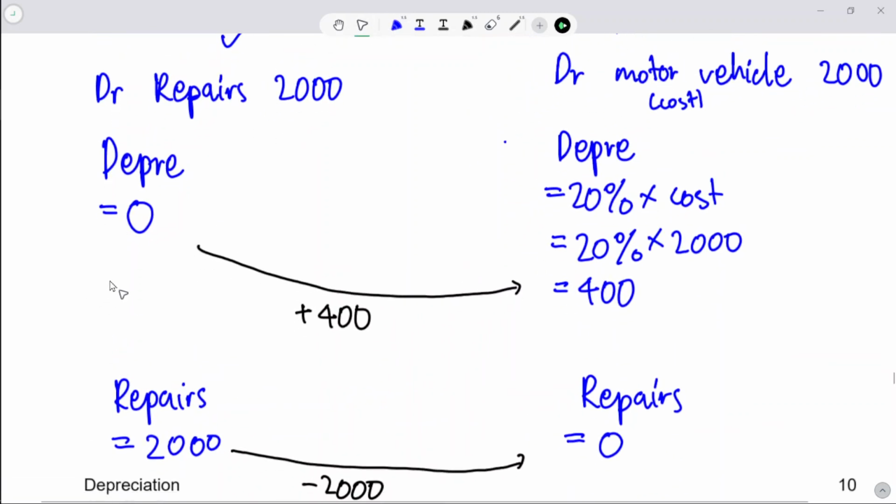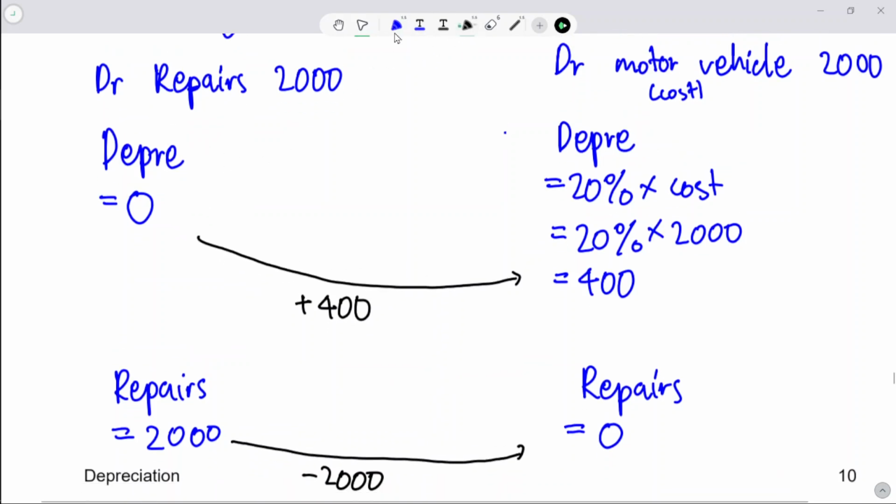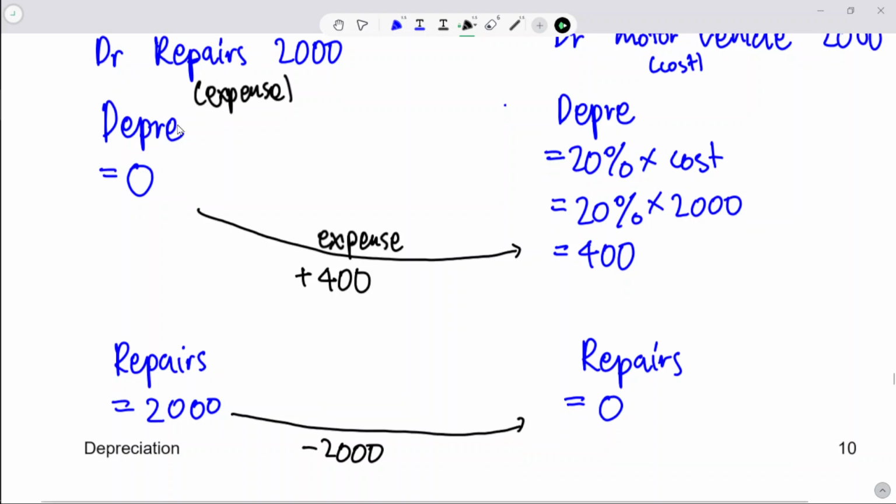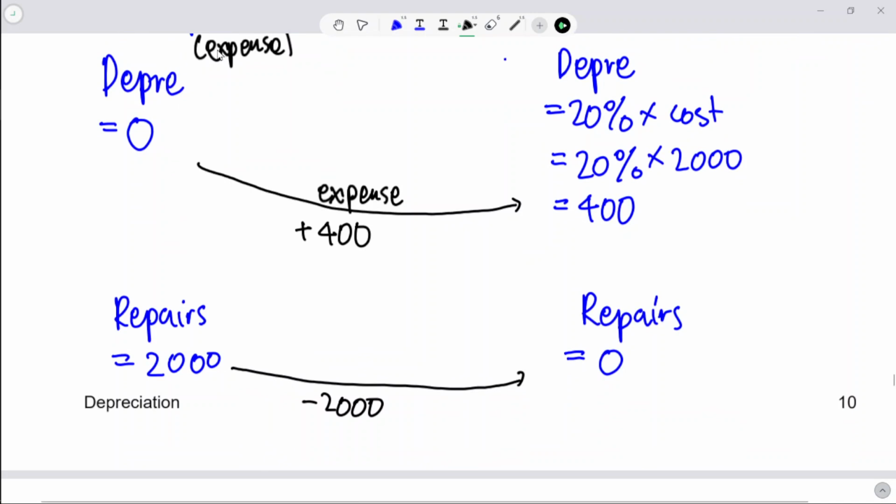So let's say the repairs is an expense. Sorry. Depreciation is also an expense. So this one expense plus 400. So this one repairs is also an expense. So this one expense minus 2000.